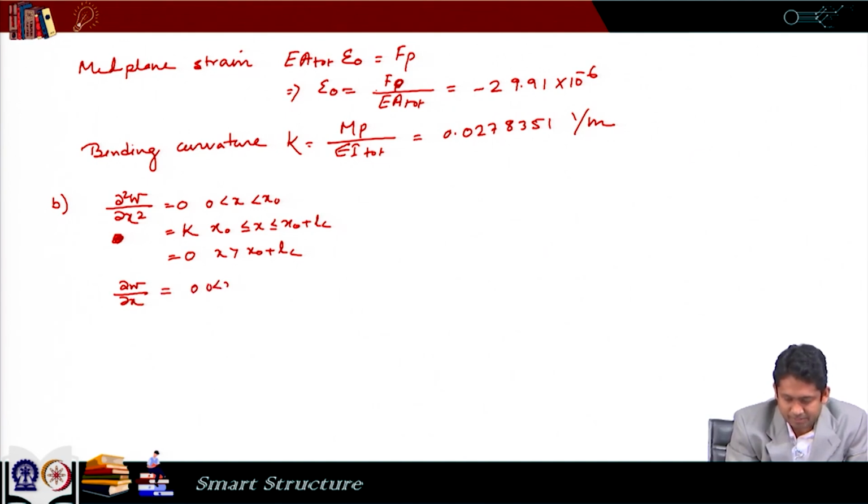We have discussed that we need to apply some boundary conditions and the continuity or compatibility conditions where the piezo ends and starts.